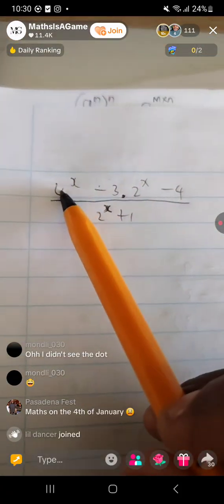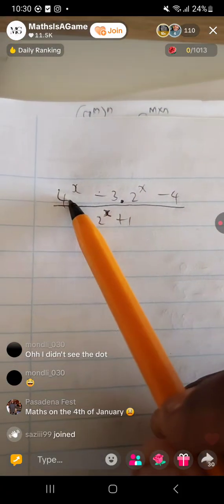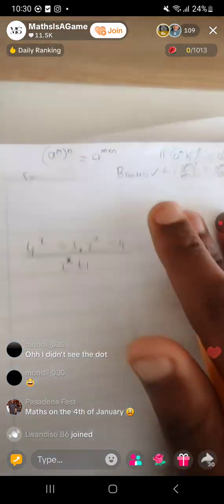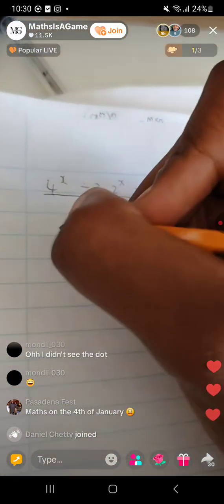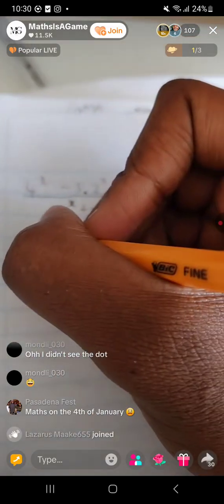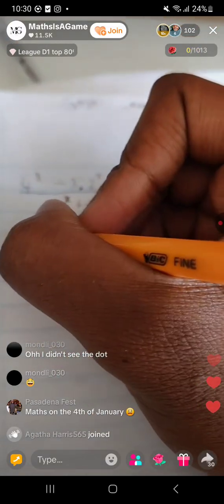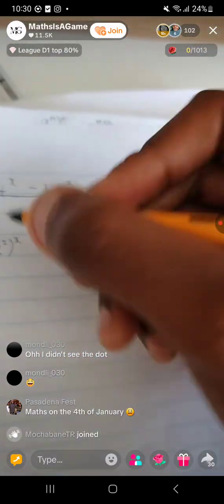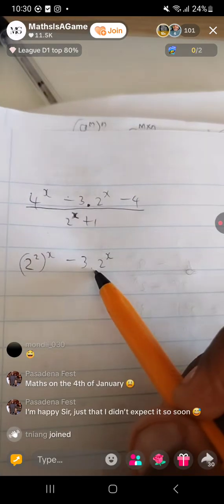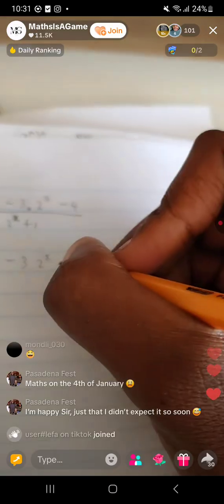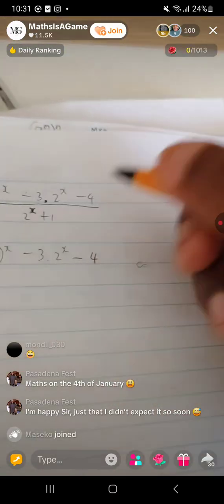Okay, so if we look at the numerator, 4 can be written as 2 to the power 2x, minus 3 times 2 to the power x, minus 4.